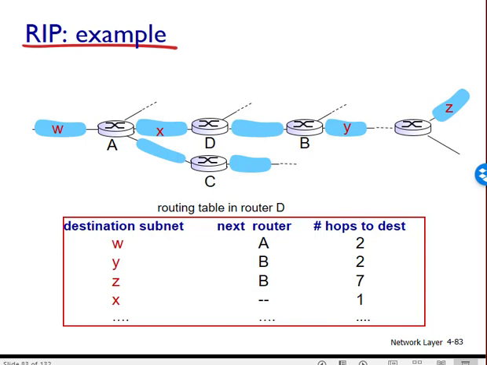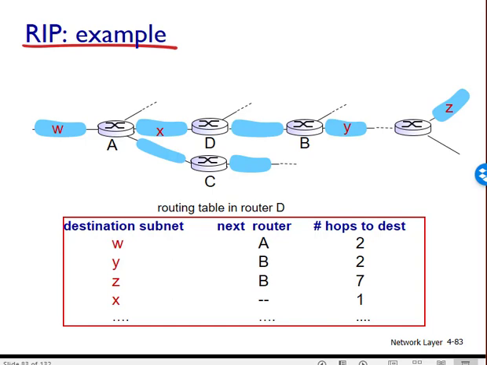Each router maintains an RIP table known as a routing table. A router's routing table includes both the router's distance vector and the router's forwarding table. This slide also shows the routing table for router D. Note that the routing table has three columns.